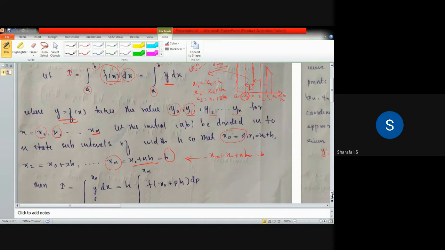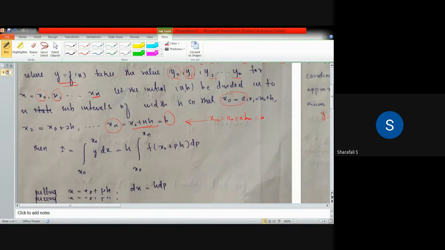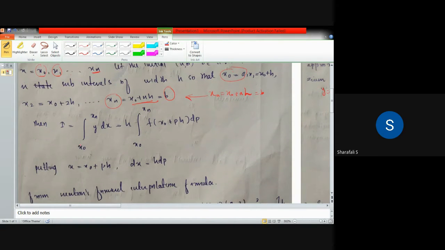So again, you consider the same equation here. We are considering the initial point x0 and final point xn, that is the limit of y dx. I'm just replacing this y with f of x, and in f of x I'm replacing x with x0 plus nh.